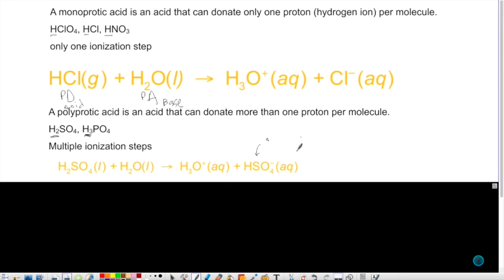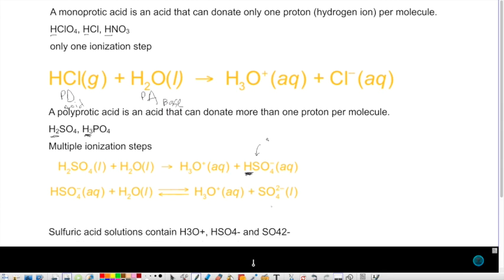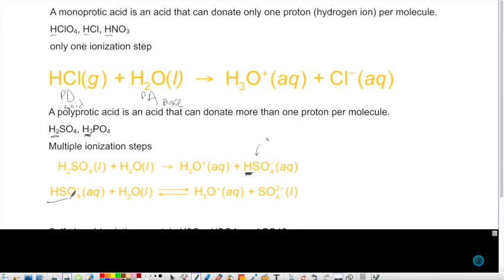Now this HSO4 minus, if I look at it, this proton I can also lose. So it can undergo another round of dissociation: HSO4 minus plus H2O yields H3O plus and SO4 2 minus. Notice that I could combine these, add this up.